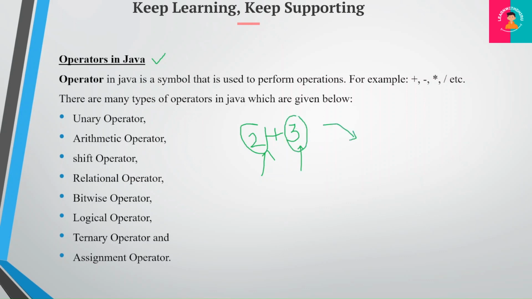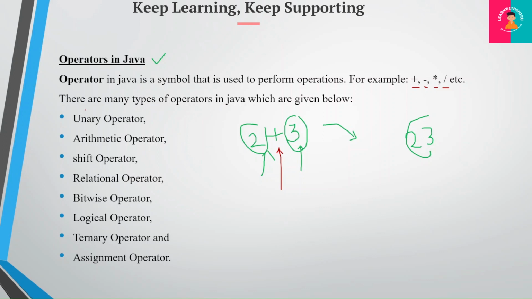You want to add these, but directly you cannot add like this, right? So for this an operator is required. This is the operator, like addition, minus, multiplication, division, anything.